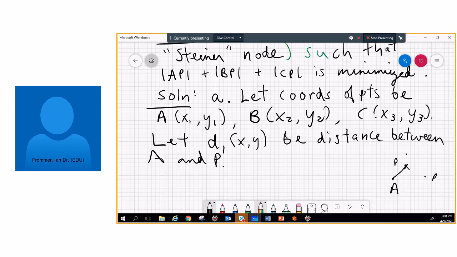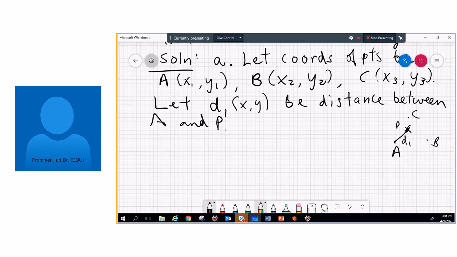There's B and there's C. So this distance here is D1. That's all. And we'll have a similar D2 and D3, except we're not going to do any math on those because it's going to work exactly the same as the math on D1.